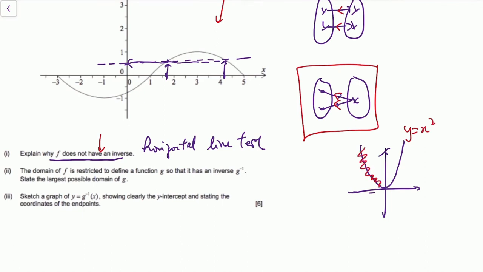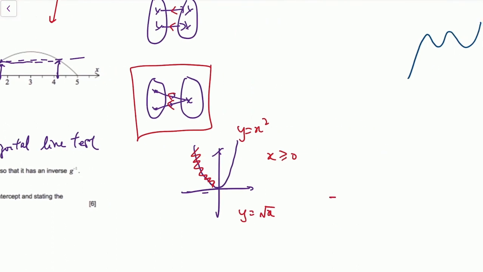So we will restrict the domain to x bigger than or equal to 0. Then we will say the inverse is root x. Obviously, this is an arbitrary choice. Technically, you could choose the negative side, so you can restrict your domain to x less than or equal to 0. In that case, the inverse would be y equals negative root x.